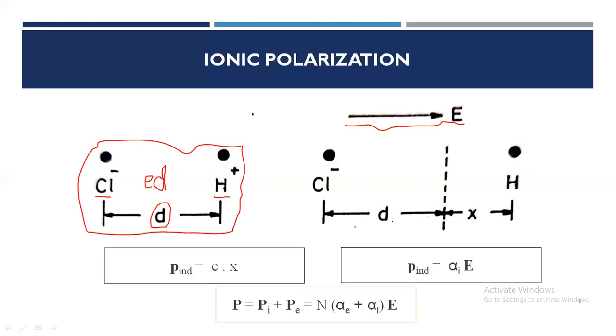Earlier it had a distance d, and after displacement it becomes d plus x. Then the field has induced an additional dipole moment, and that can be calculated as induced dipole moment P ind is equal to E into x. This portion has an additional dipole moment, which is nothing but E into x.